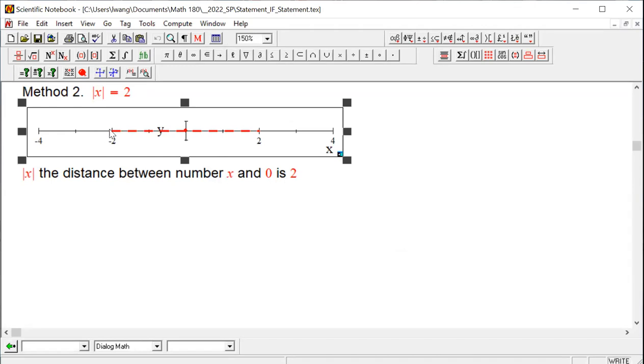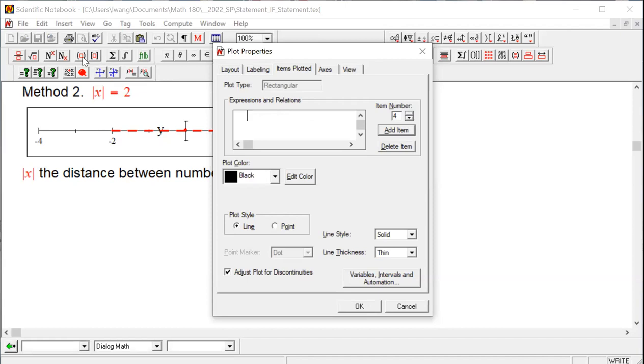There are 2 solutions. When X equals -2, the absolute value of -2 is 2. The absolute value of 2 is 2. So from that perspective, we very quickly draw the conclusion. Our solution will be these 2 numbers, 2 dots.